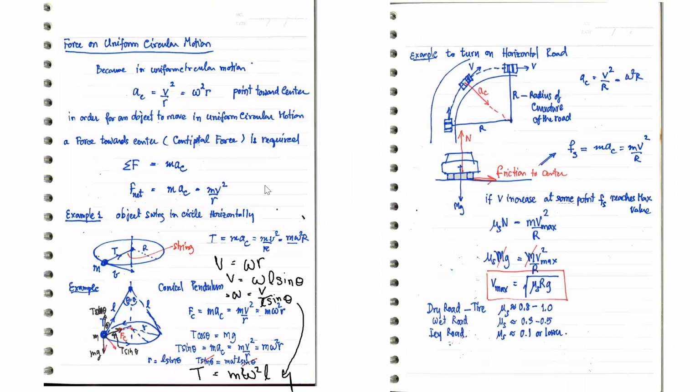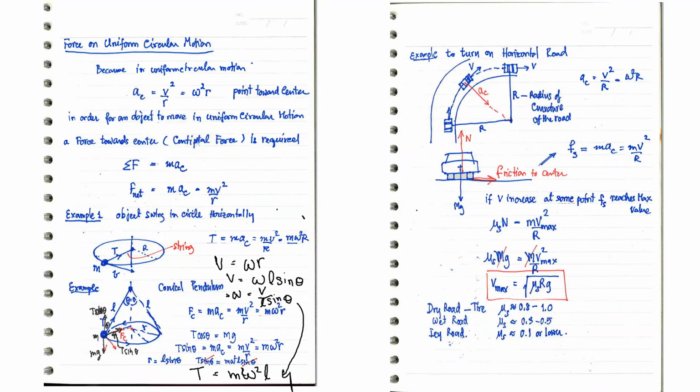And there are two or three examples out of it. For example, the conical pendulum, or making a turn on horizontal road, in which the force that is involved in that motion is the friction force.